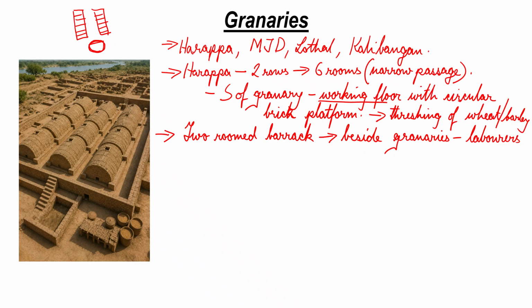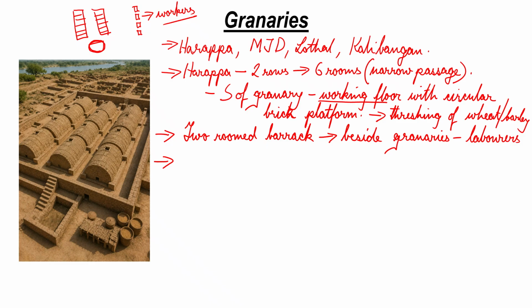So beside the granaries there were several rooms. Okay, so several rooms were there, and these were probably rooms where the workers stayed. Okay, so that is how the granaries had many supporting structures along with it.